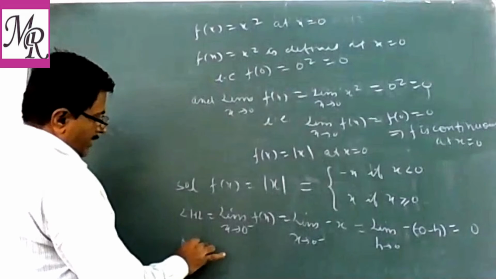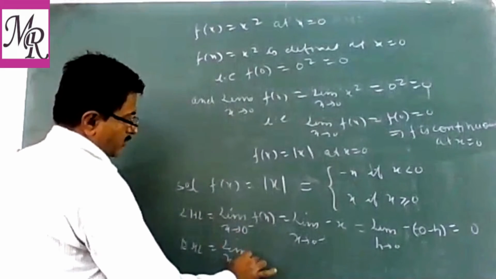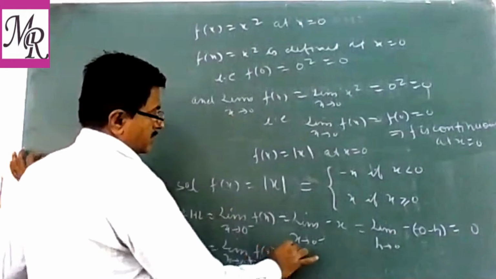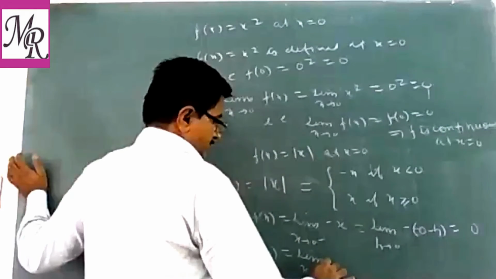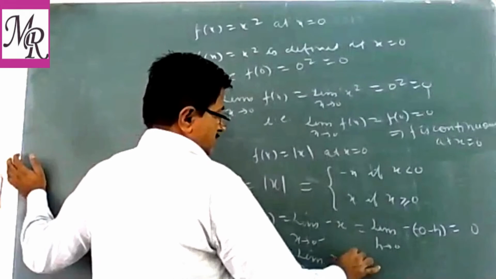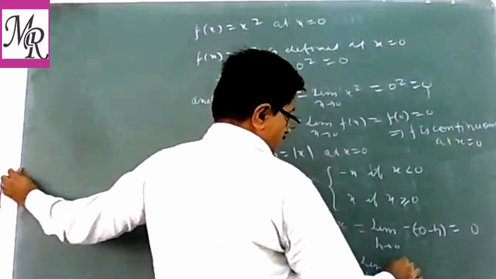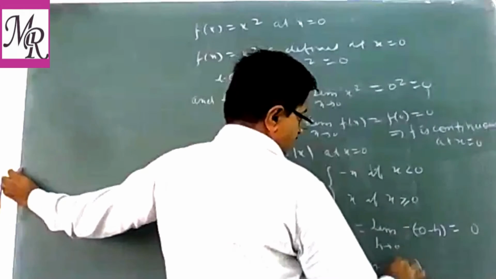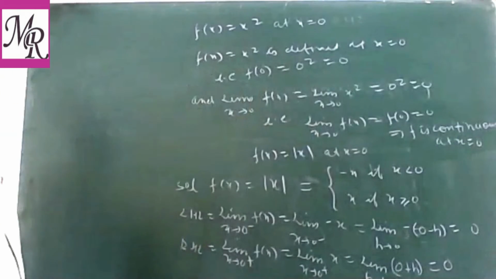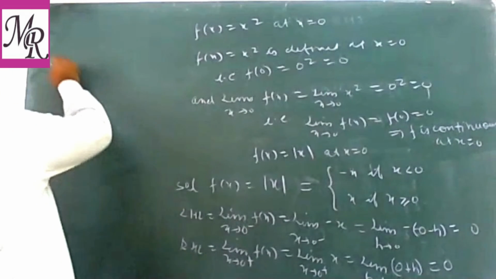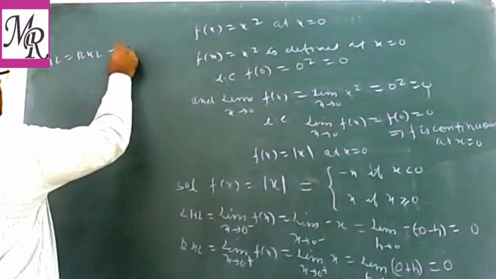Immediately you put the right hand limit. Limit x tends to 0 plus f(x), that is x. So if you put 0, then the limit exists, correct? So we get left hand limit equal to right hand limit equal to 0.